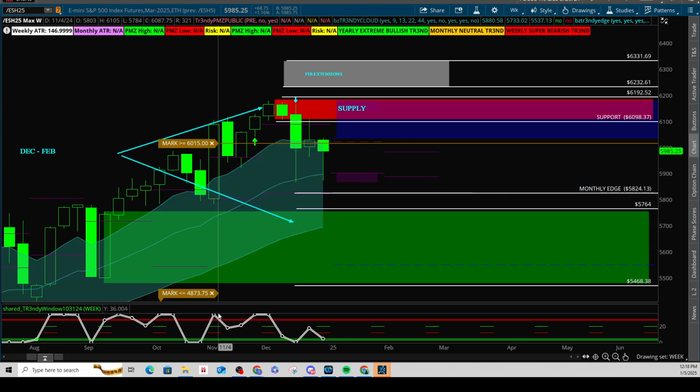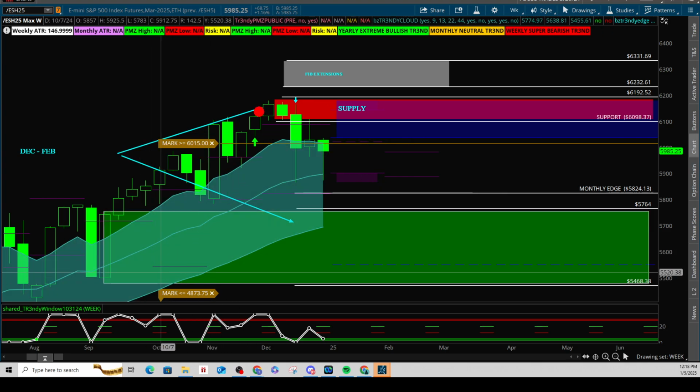So, looking at this chart, I'm going to continue to tell you that I believe we trade between the two major zones going into the next several weeks, maybe even into the inauguration. I keep repeating this because I don't want anyone to get confused. I'm bullish on buying the dip. All right.